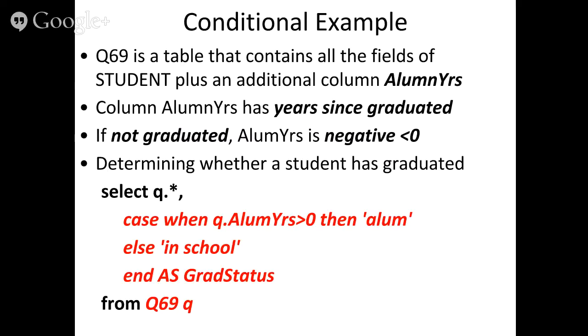So this would be our query here, and this is coming back as alum. Oh no, is this negative? No, in school. This is positive, alum; in school. That makes sense, right?